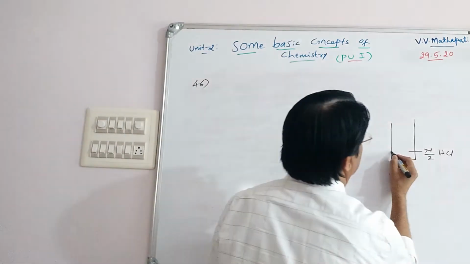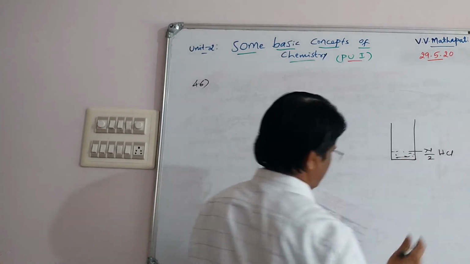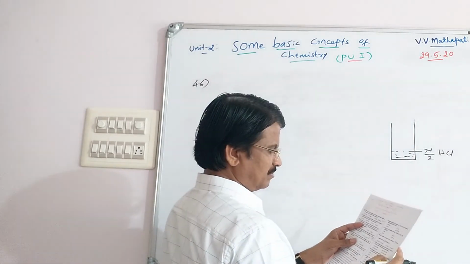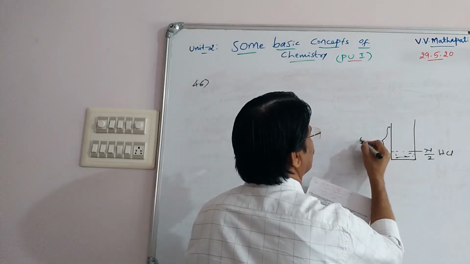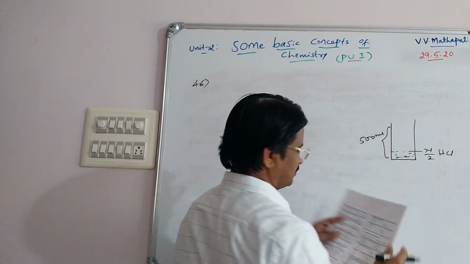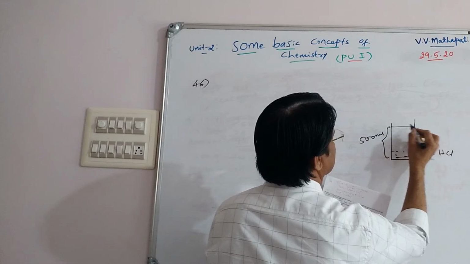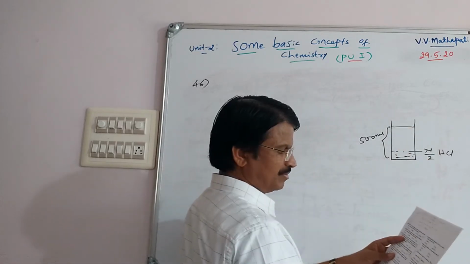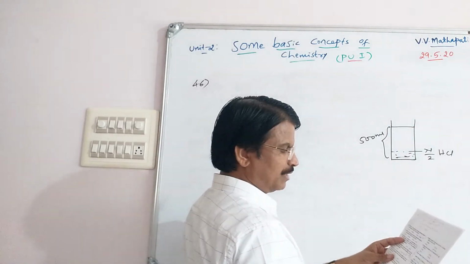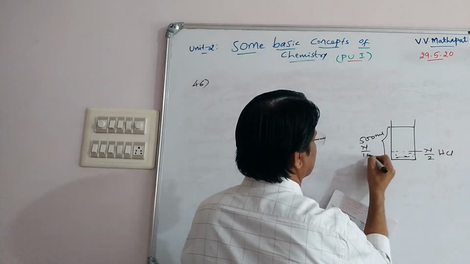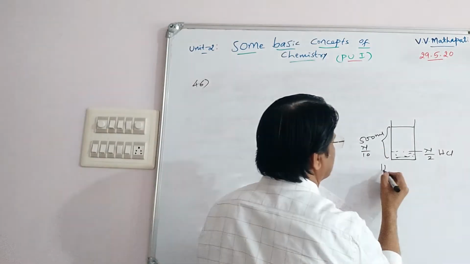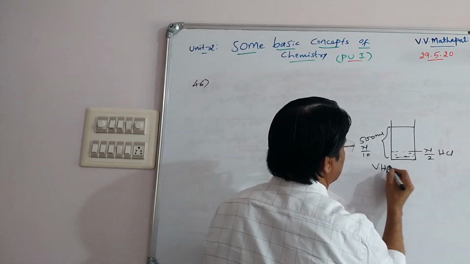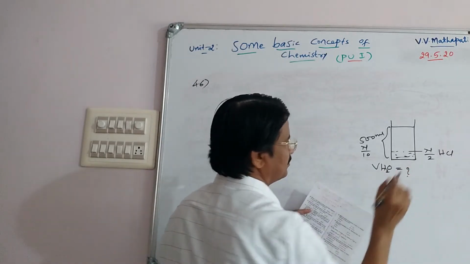There is some quantity of HCl. Then to make it 500 cc, 500 ml, N by 10 solution, what volume of water is to be added?